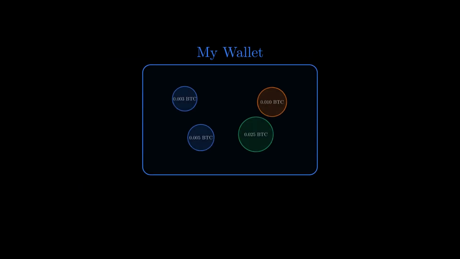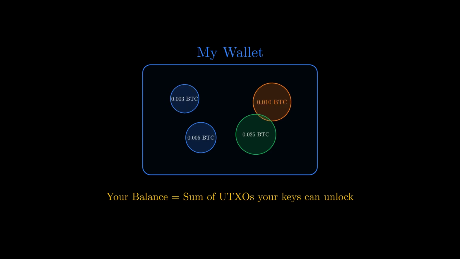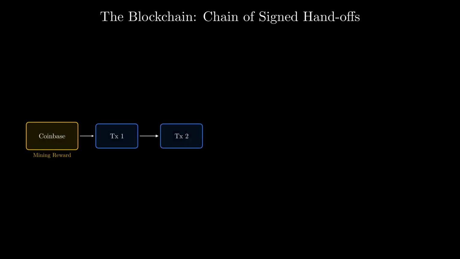Bitcoin has no running account balances anywhere. Your wallet's balance is the sum of unspent transaction outputs, known as UTXOs, that your private keys can unlock. Each UTXO sits on the blockchain waiting to be consumed as an input in a future transaction.